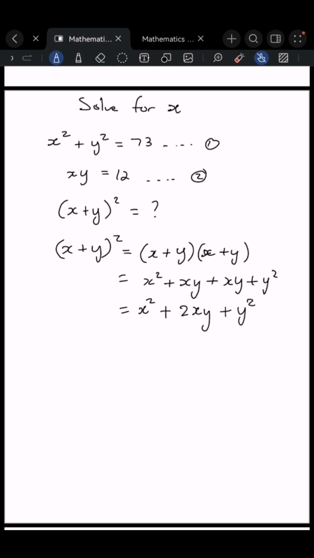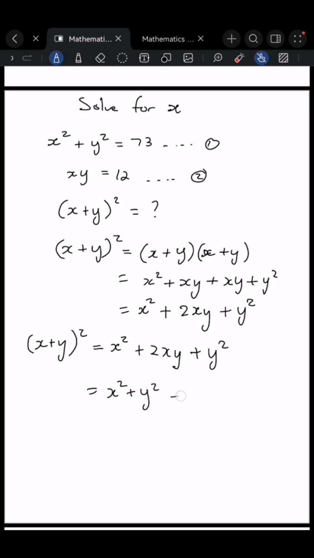The long way would be to solve for x and solve for y. The simple, straightforward way would be to realize that (x plus y) squared is equal to x squared plus 2xy plus y squared. If you pair it properly, you'd realize that it is x squared plus y squared plus 2xy.